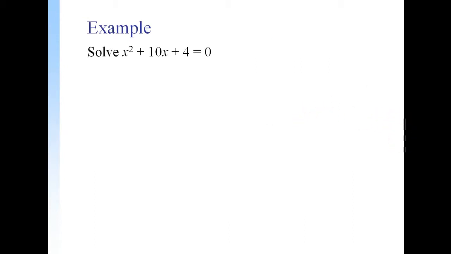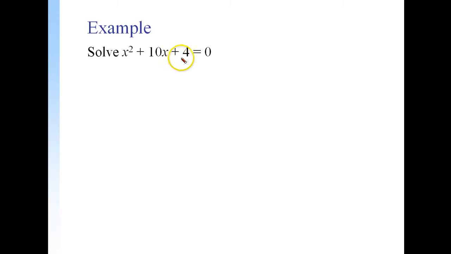Okay, let's take a look at this one here. Can you all see this is a quadratic equation in standard form? Up to now, we've been factoring these, but this doesn't factor.